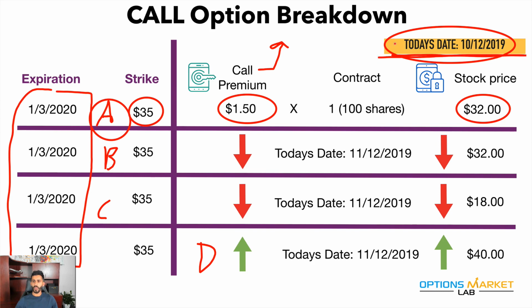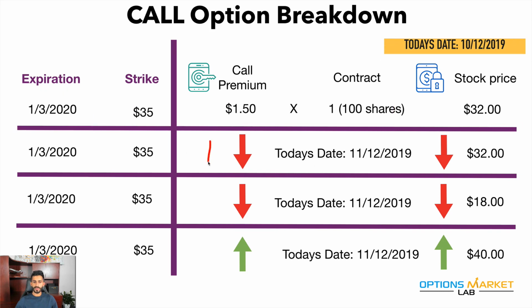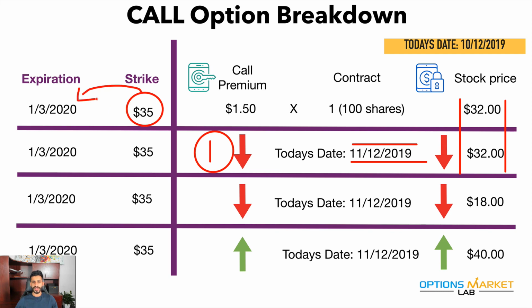Let's say 1 month goes by and we are on November 12th, 2019. In that 1 month, the stock's price stayed the same. If the stock's price stayed the same, and we own this contract that's $35, expiring January 3rd, 2020, our call premium that we paid $1.50 for will decrease now because there is less time.